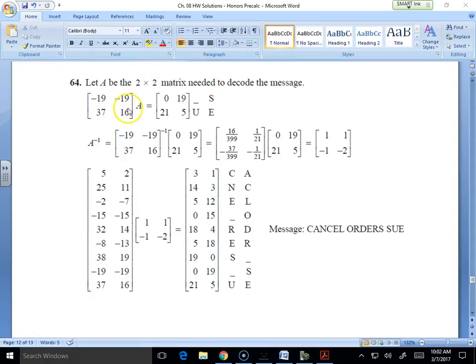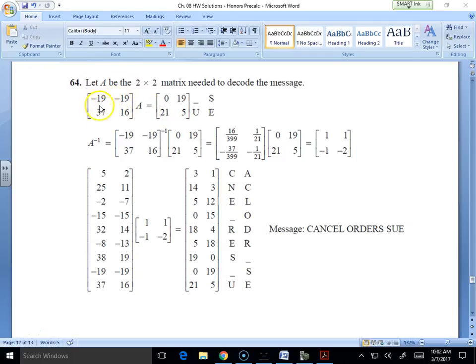They said, we know that Sue is supposed to be 0, 19, 21, and 5. This guy, who's been all coded up, needs to multiply by the inverse in order to get Sue. So they said, all right, fine.